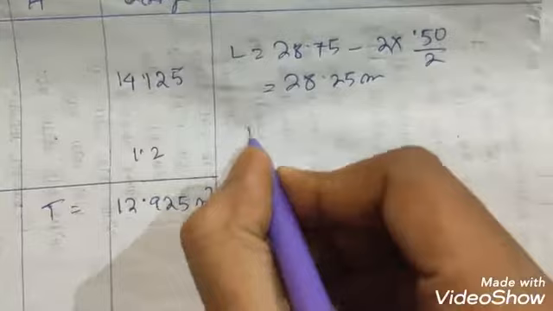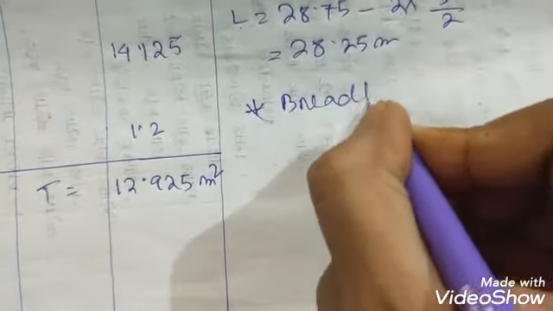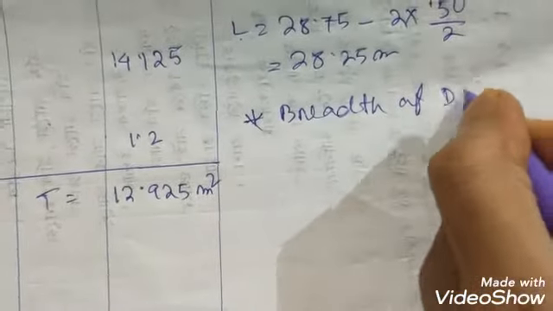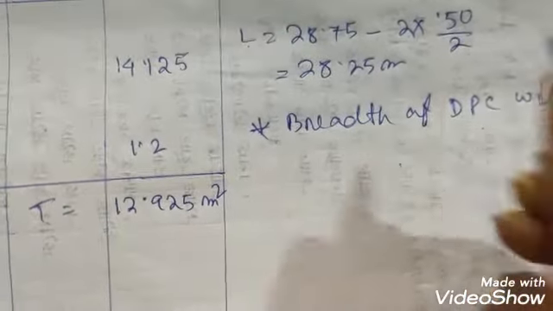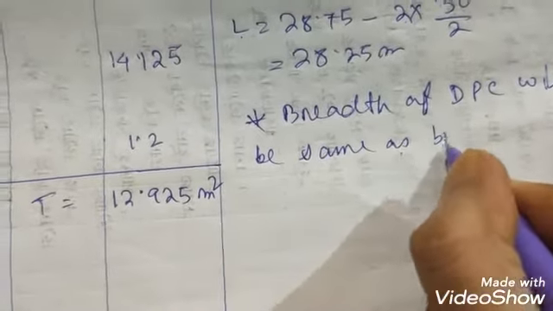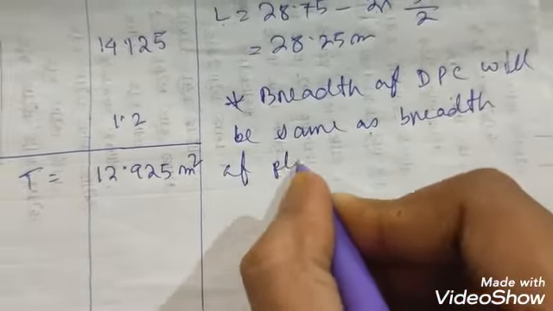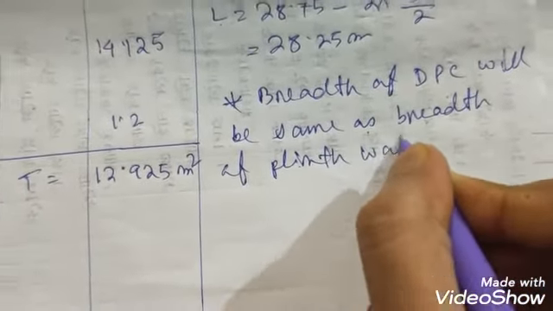As I have already mentioned in the last method, the breadth of DPC will be the same as the breadth of the plinth wall. So now let us go back to the drawing.